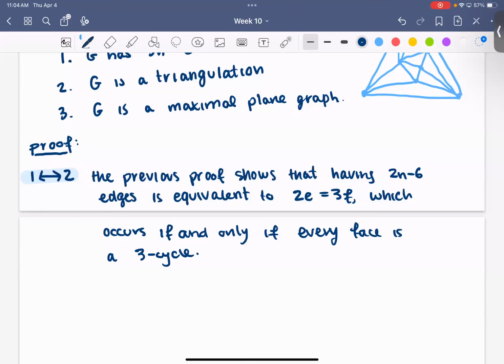Okay, so then let's do the equivalence of 2 and 3. Again, I'll give you a few minutes to think about it, and then we'll talk about the proof.